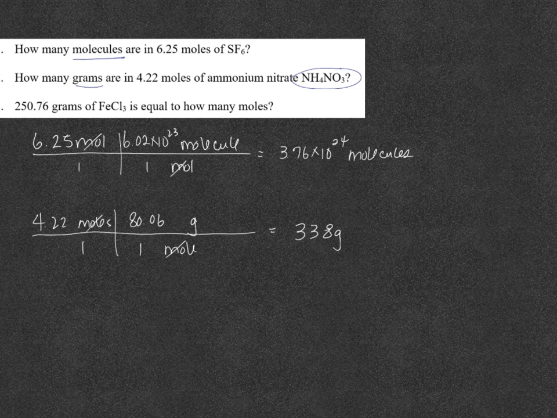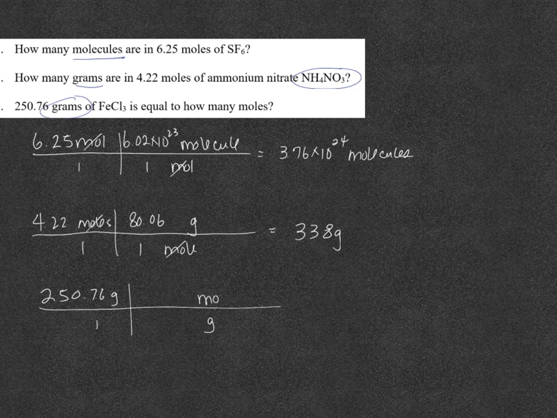Last question, or number 3. We have a certain mass of FeCl3, how many moles? Mole is mentioned once, one conversion. Keyword is grams, therefore I need a molar mass of FeCl3. I calculated that mass in number 8 up above. So now I start with 250.76, but now it's grams.